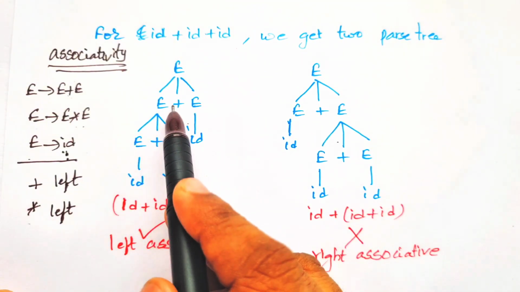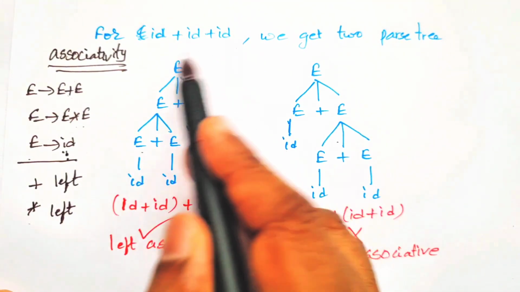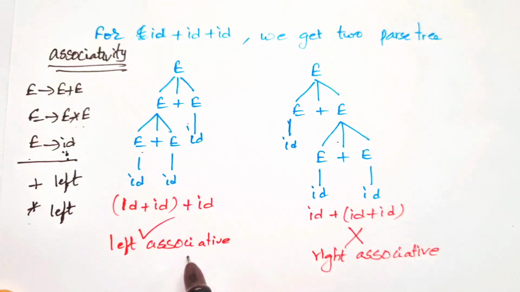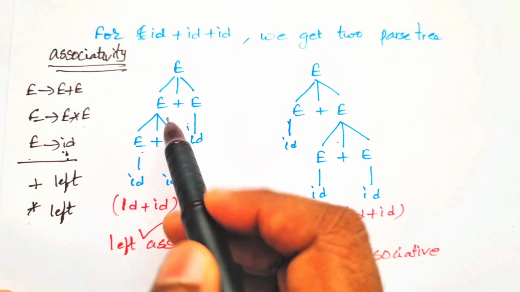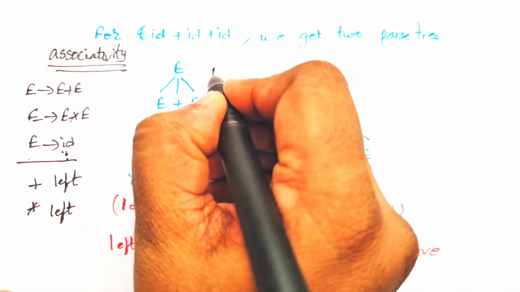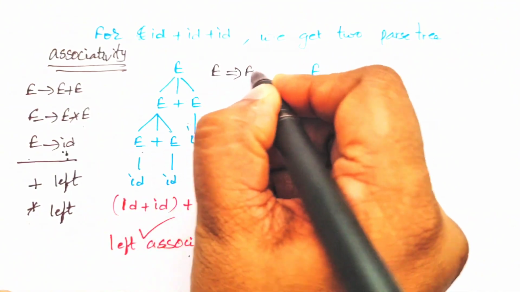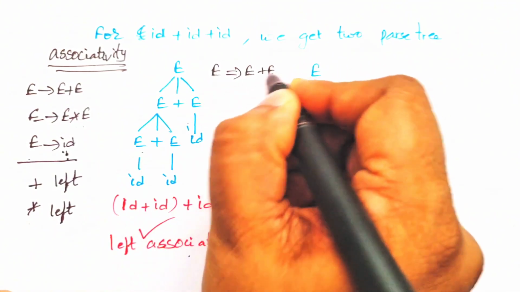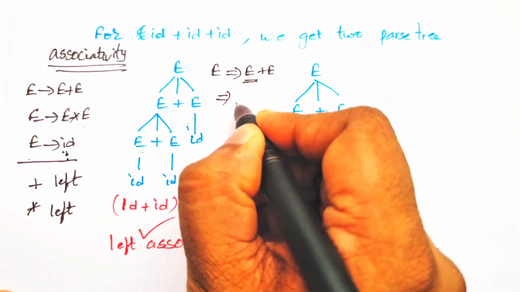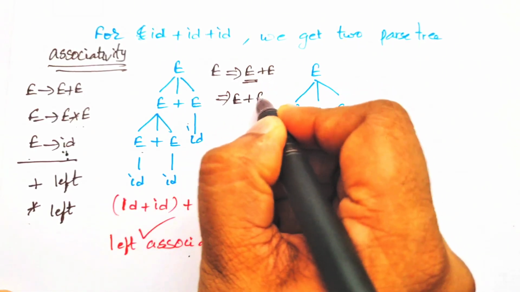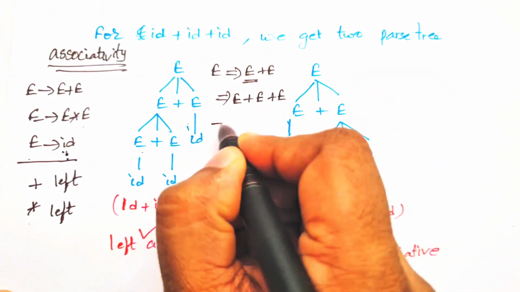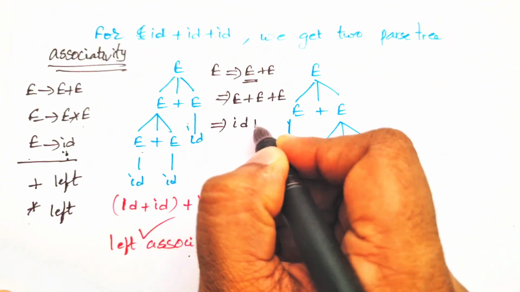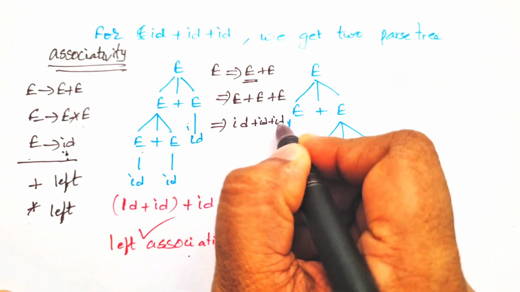In this tree, E is having left associativity. See here, you can see the derivation also: E plus E. Next this E is replaced, E plus id, and then id plus id plus id.